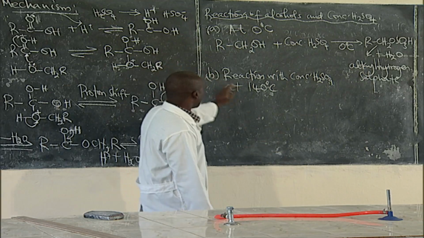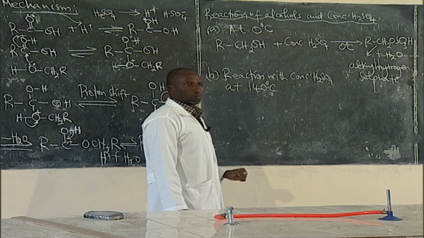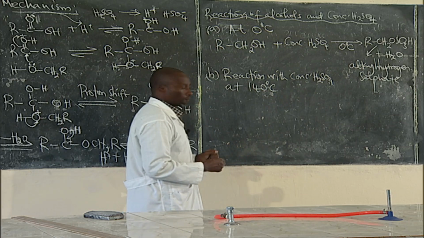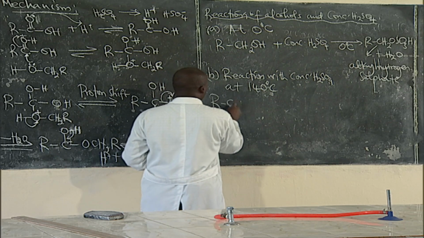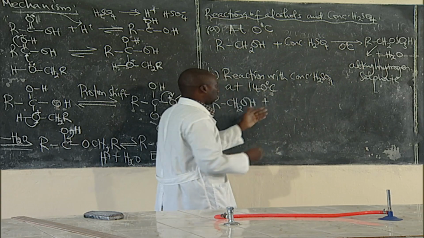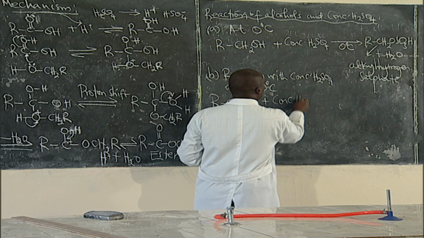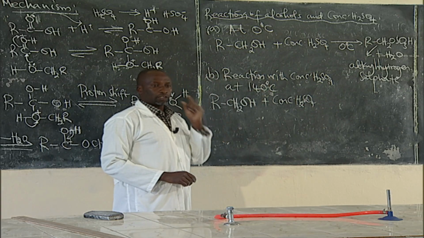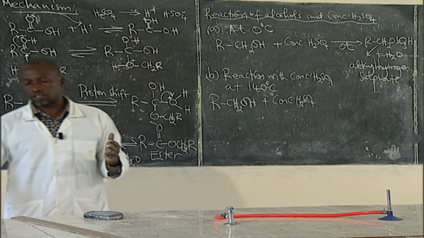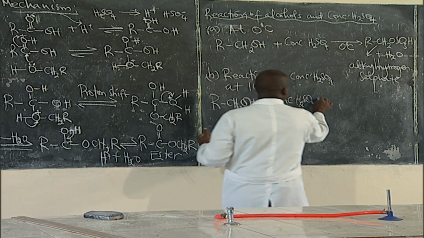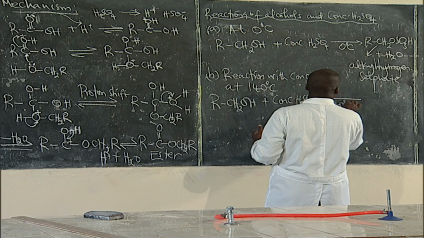At 140, what is the product that will be formed? Let's look at the product that is formed. So we have an alcohol, which is RCH2OH, plus the concentrated sulfuric acid. This is the reagent that is reacting, but it is reacting at 140 degrees Celsius. That is the condition for that reaction to occur.